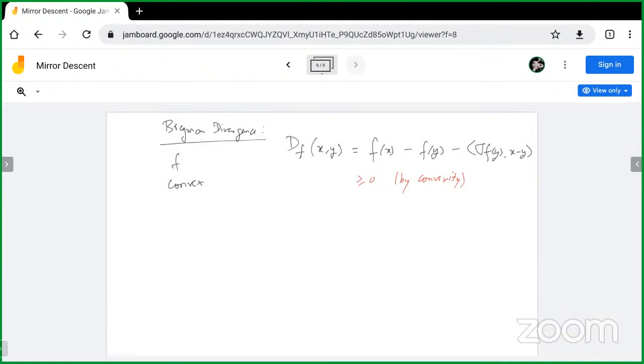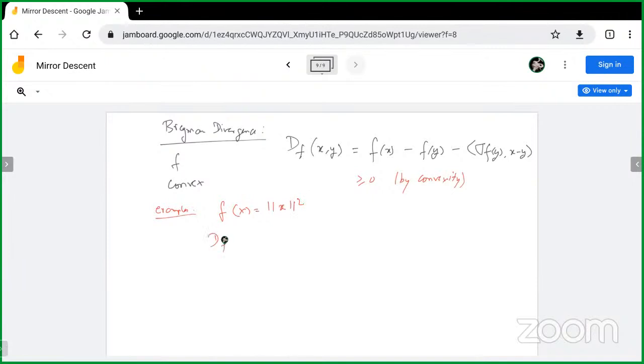So why is this interesting? It leads to many interesting definitions. So, some examples. Suppose f is the usual norm squared. Let's figure out what this is.